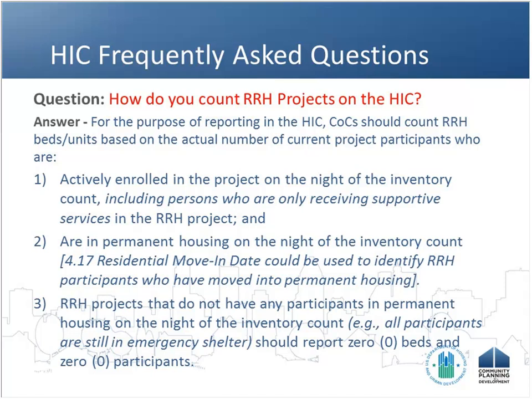Social Security, that's one where we would ask you to really consider whether it's needed. In the context of the PIT count, it probably is not needed. You can generally get enough information. It could be initials of first and last name with maybe a date of birth and a gender category.